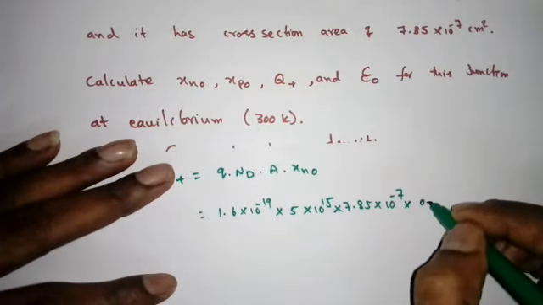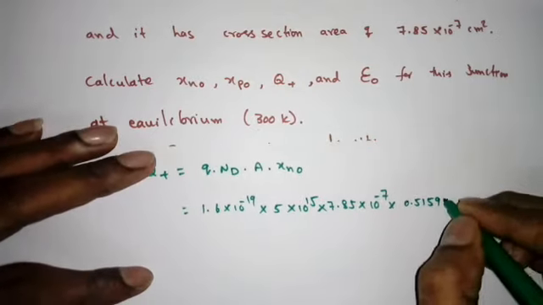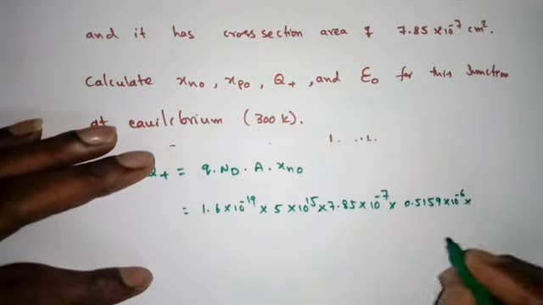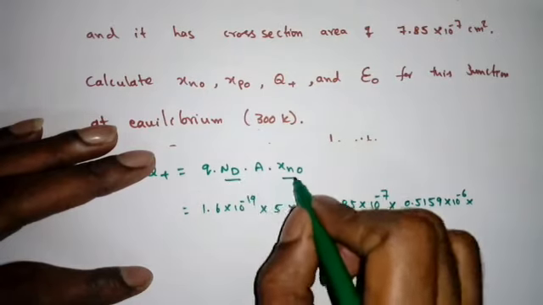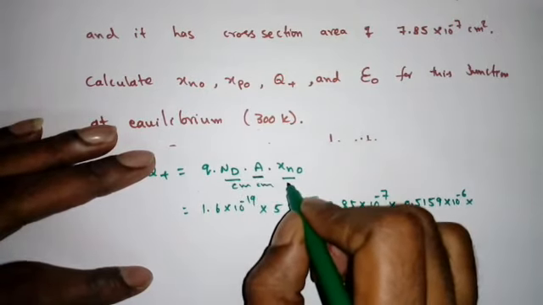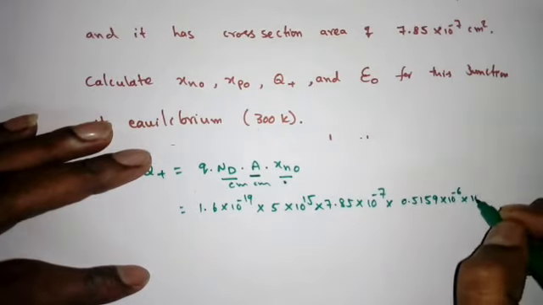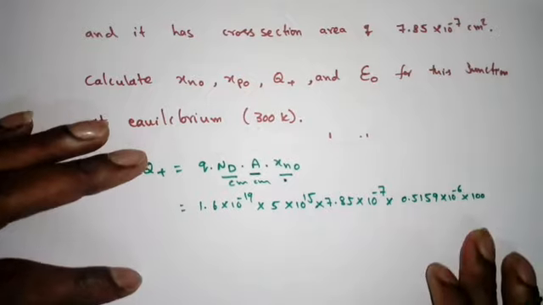What we got? 0.5159 micrometer. So micro means 10 to the power minus 6 into meters. Nd and area are in centimeters, so xn naught also should be in centimeters. So meter means 100 centimeter, right?